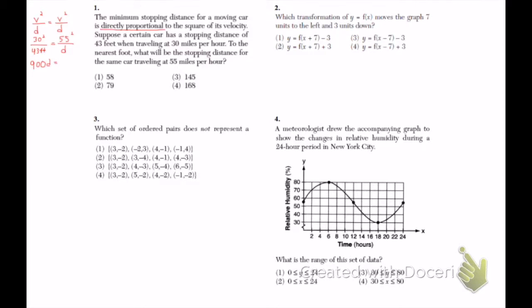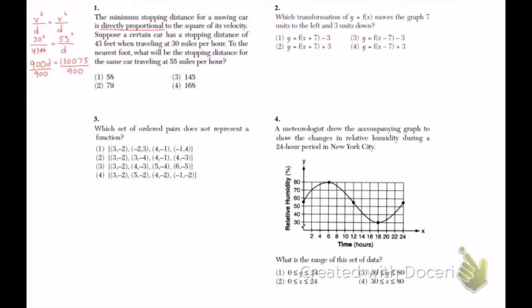And we see that that's a very large number. It comes out to be 130,075. We then divide by 900, and whatever we do on the left-hand side, we must do on the right-hand side.